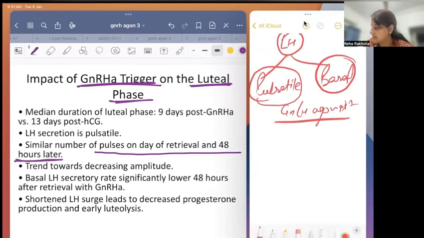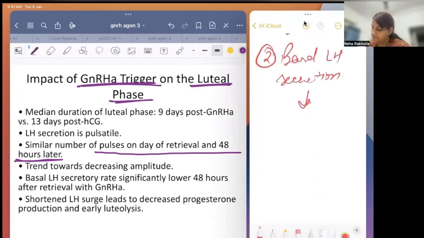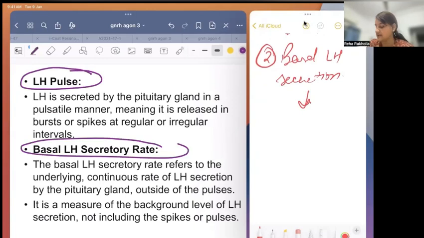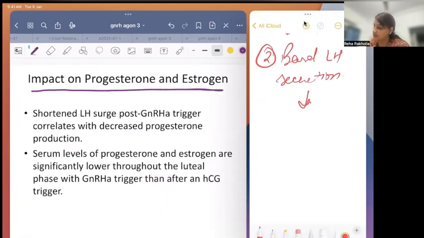The pulses remain similar but the amplitude of the pulse was decreased. And second, basal LH secretion from the pituitary was also lower. So there are two types of release, LH pulse and basal LH secretion rate. Impact on progesterone and estrogen.